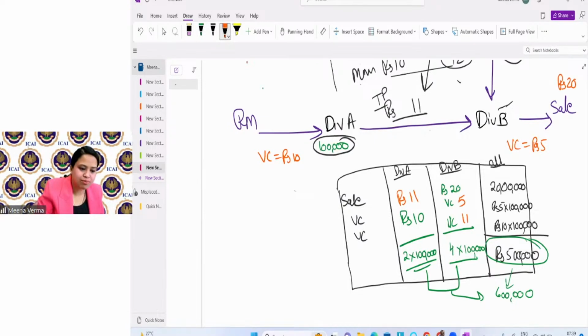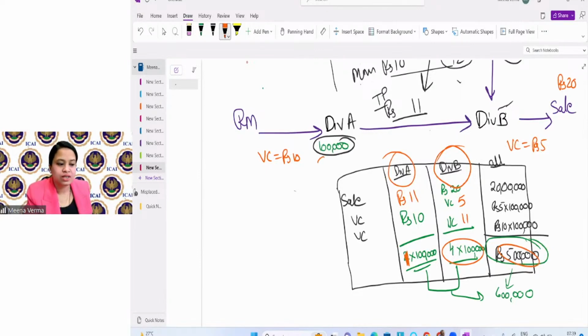So what will happen? You can see 1 lakh is the profit for this division, and for this division 4 lakh is the profit, and overall profit is 5 lakh. This is also good for the organization because this division has spare capacity.